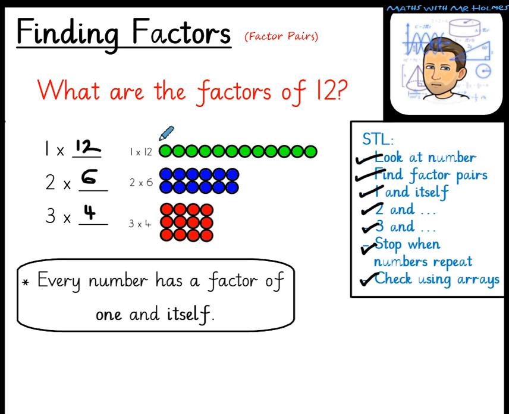So there you go. What are the factors of 12? We have 1, 2, 3, 4, 6, and itself 12.